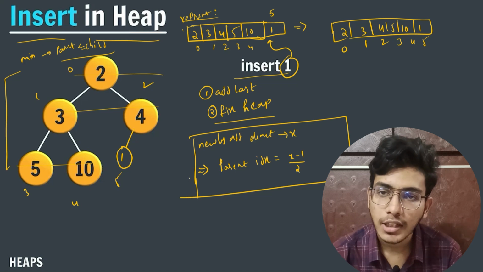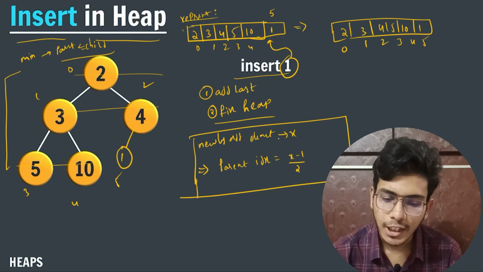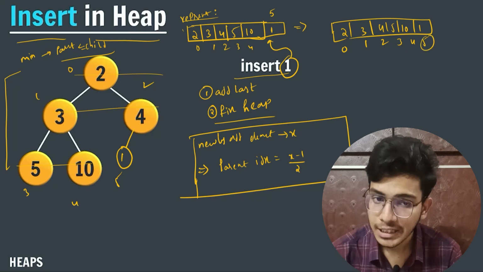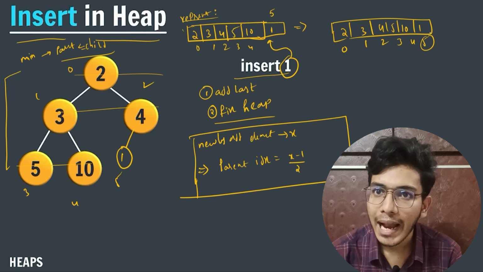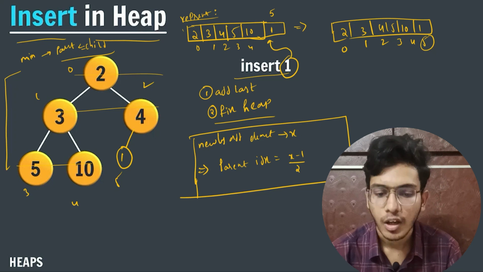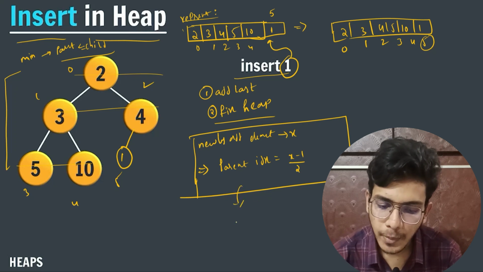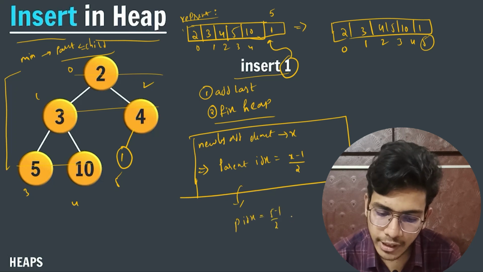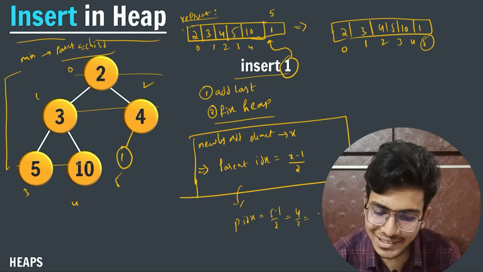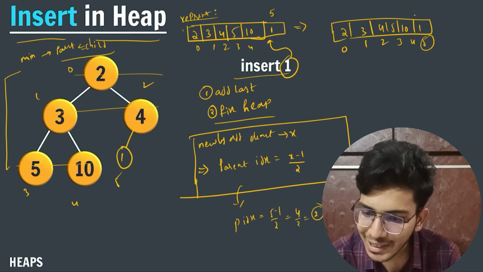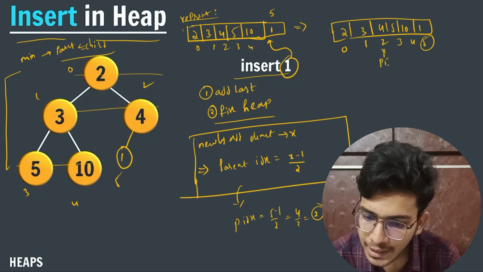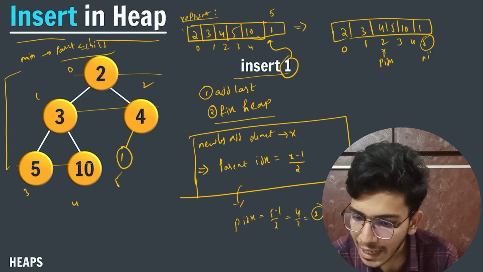How are we going to use it? For example, the newly added element is 1, and its index is 5. Then its parent index is 5 minus 1 divided by 2, which means 4 by 2, that is nothing but 2. So its parent will lie here. This is the parent index, and this is the newly added index.